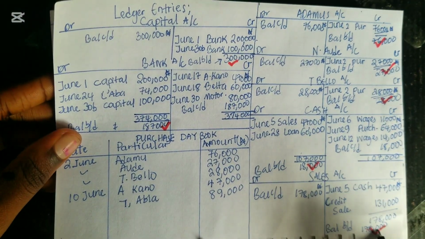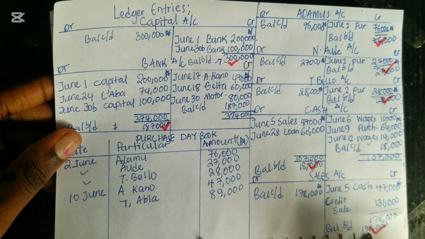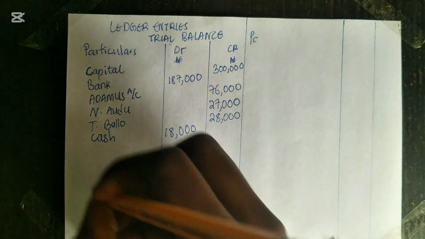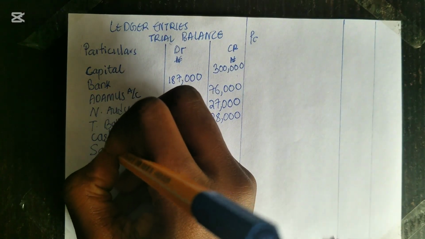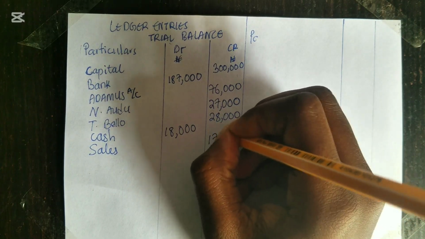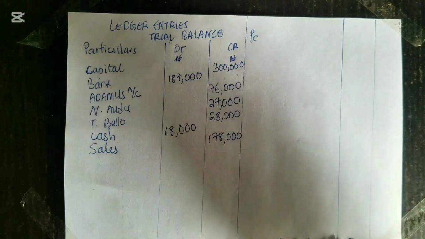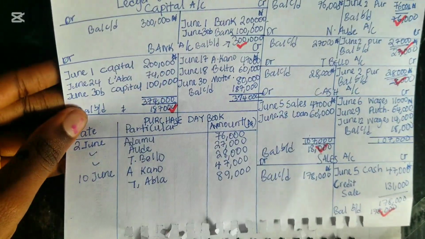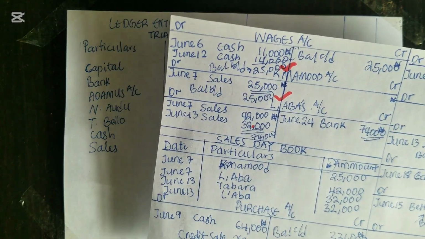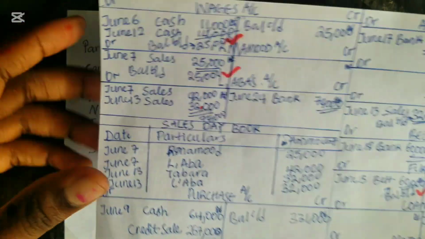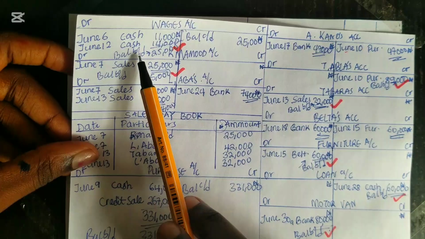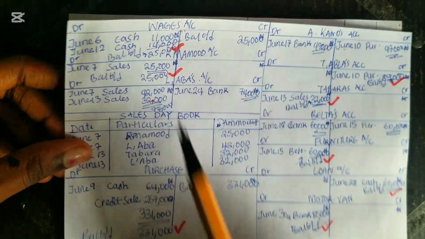So what again? Sales is on the credit side, how much? 178,000 naira. So we have sales 178,000 naira on the credit side. So we are done with this, and I'm moving to this. So wages is on which side? Balance brought down is on the debit side, 25,000.